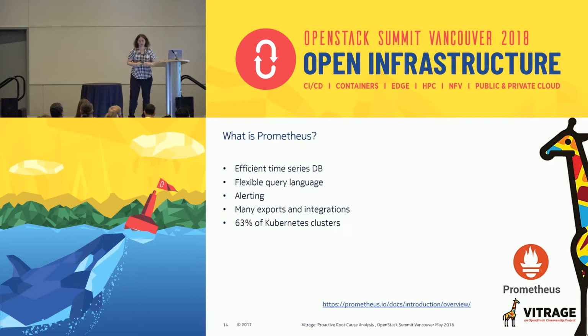Prometheus is a monitoring system. Around 60% of Kubernetes users use Prometheus for monitoring their Kubernetes. It has an effective database, a flexible query language, and an alerting system. And I think one of its greatest strengths is that it is pluggable for different exporters.